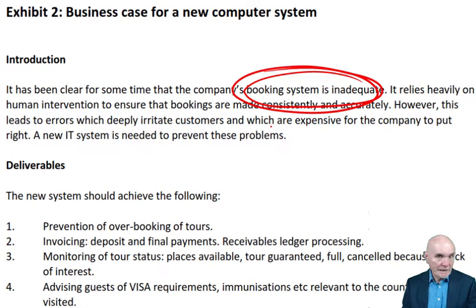IT people believe that everything can be cured by having a nice new shiny computer which works more quickly, and of course that's far from the case. It could be that the problem is with people. If we remember back to the introduction, it said there had been quite a high turnover of people recently, and it could be that they're simply missing skills at head office rather than the IT system being inadequate.